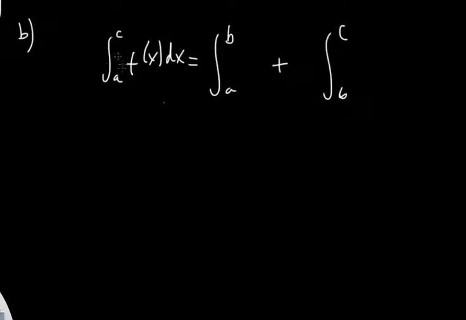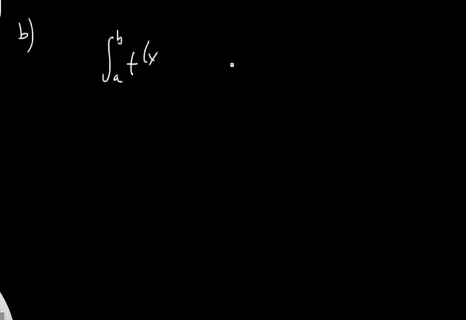That's what we're using. From a to c, you can chop it up in two parts, and if you add them, you're going to get the same answer. So this is the other relationship that they want us to use with integrals, and they're testing us here to see if we really understand what it means.